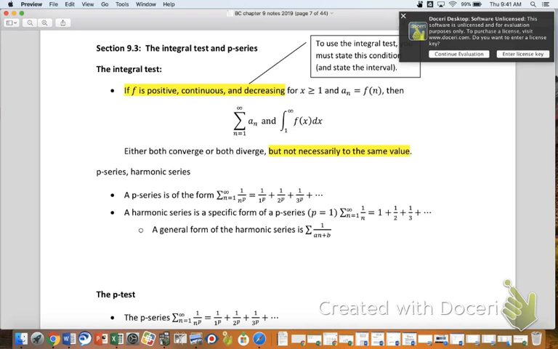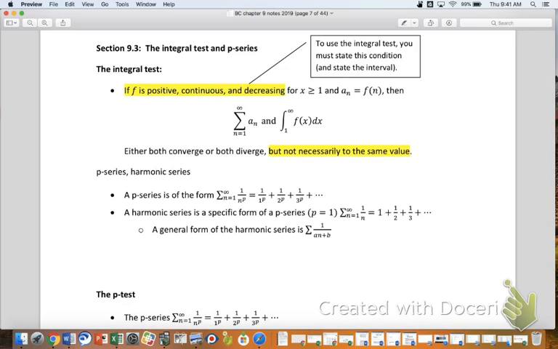If you do the definite integral from 1 to infinity, and of course that is an improper integral, and you get some real number of any kind, that means the improper integral converges, therefore the series converges as well. But if you calculate this improper integral and you get a diverging answer, like infinity, then that means the original series also diverges. They're going to follow suit.